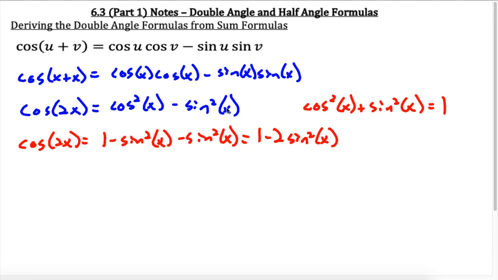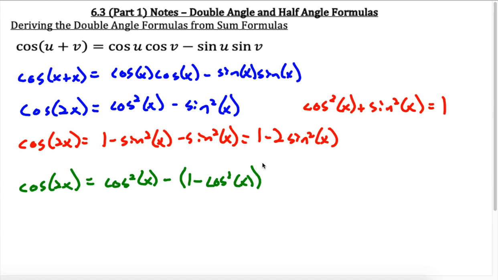Similarly, if we subtract cosine squared over and make this sine squared equals 1 minus cosine squared, I could take this and say cosine squared minus 1 minus cosine squared.